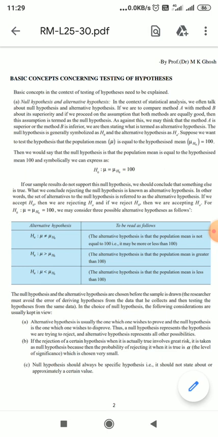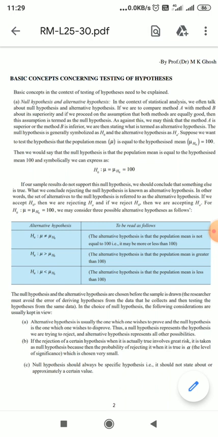Given a hypothesis H0 and an alternative hypothesis HA, we make a rule which is known as the decision rule, according to which we accept H0 and reject HA, or reject H0 and accept HA.